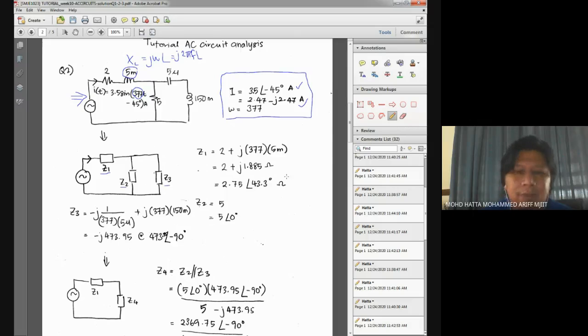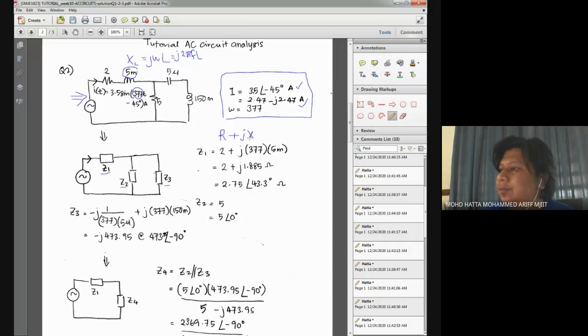Just adopt that value as your omega, and you can calculate XL using this equation. And as I mentioned earlier, Z1 is the combination of R plus JXL.